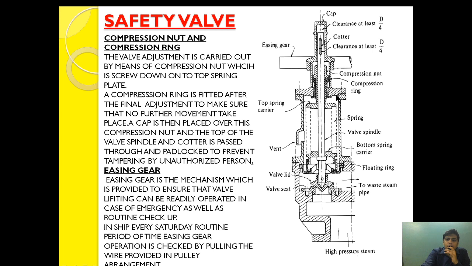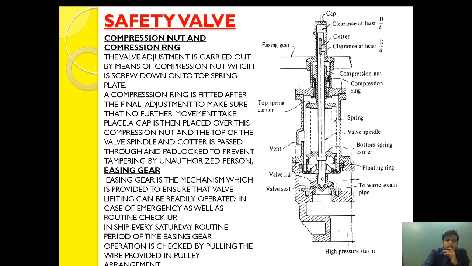After adjusting the correct compression of the spring to a set pressure, such that the spring will only allow the valve to lift when it reaches the designed 3% above the excess pressure, the compression of the spring is set. After it is set, to prevent any further tampering, this compression nut is inserted and tightened along with the compression ring.